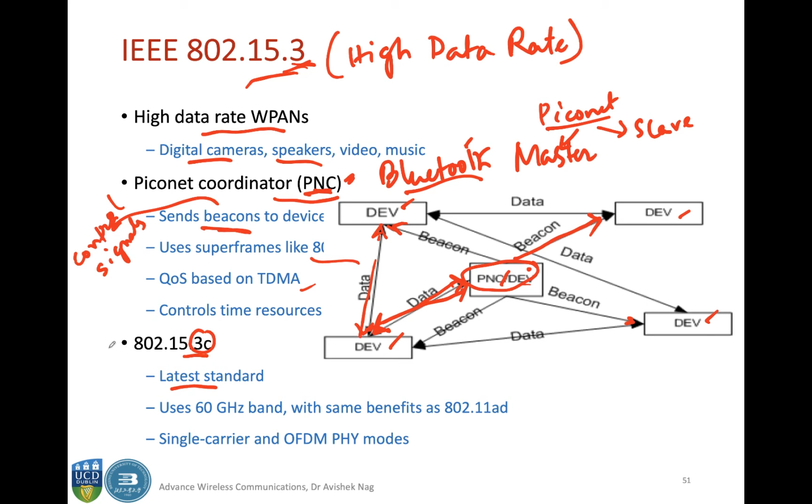This might have been updated, so you can look it up on the internet and find out whether this indeed is the latest standard or something new has come across. So 802.15.3c uses the 60 GHz band with the same benefits as 802.11ad, single carrier and OFDM physical layer modes. This PHY stands for physical layer.